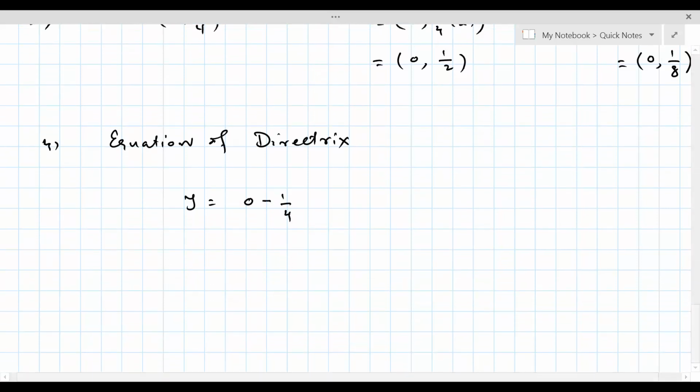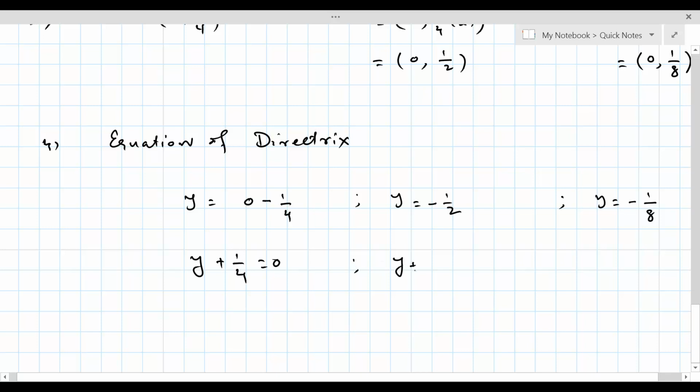So the equation of directrix will be y plus 1 by 4 equal to 0. And here for g of x, this will be y equal to minus 1 by 2. And for h of x, y equal to minus 1 by 8. So in this case, this will be y plus 1 by 2 equal to 0, and here it would be y plus 1 by 8 equal to 0.